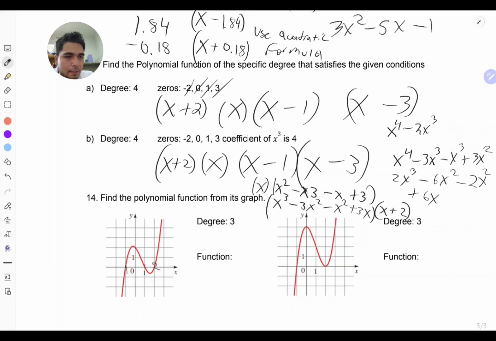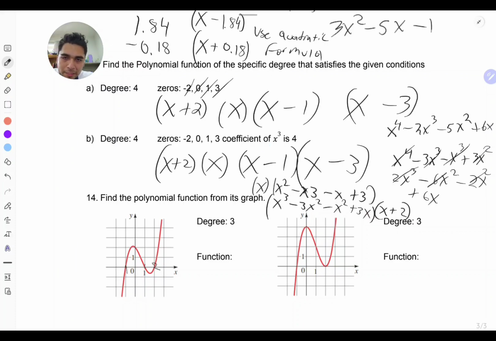So we're done with the x to the fourth, we're done with the cubes. Now we keep going with the squares. So 3 minus 6 minus 2 gives us negative 5. So minus 5x squared. And now we're done with the 2's, and we're just left with the 6x. So plus 6x. So we're basically done.